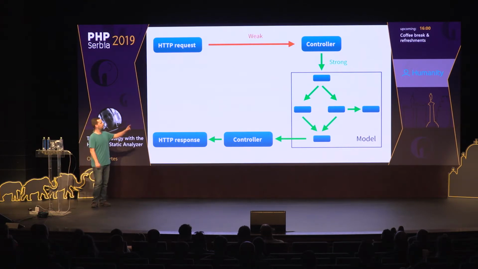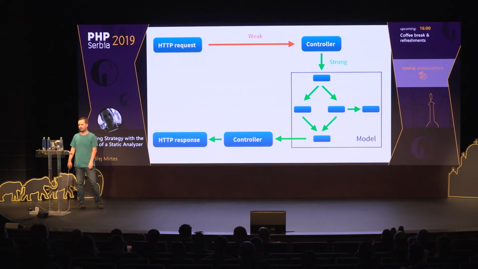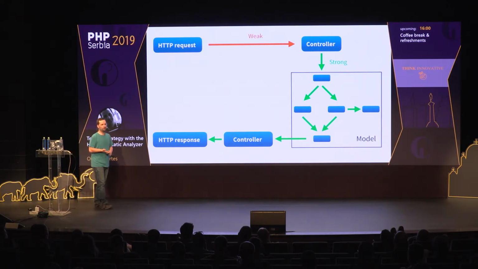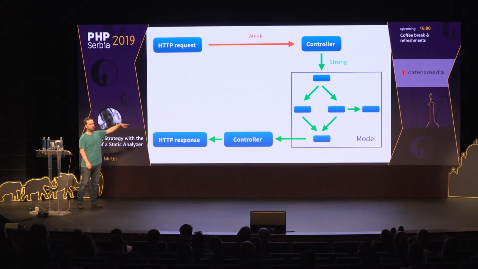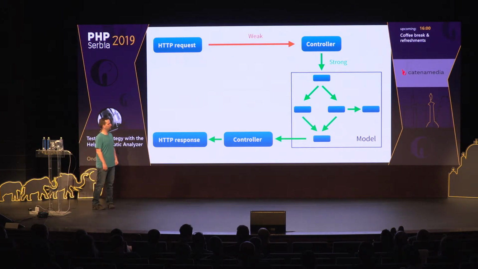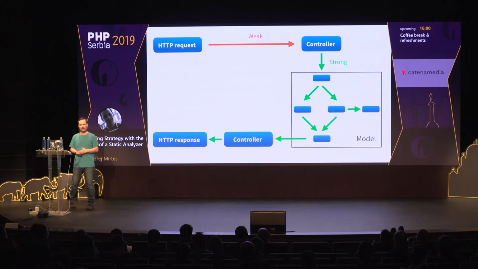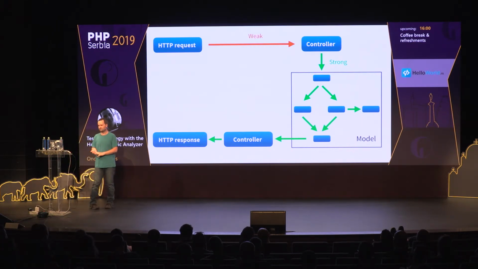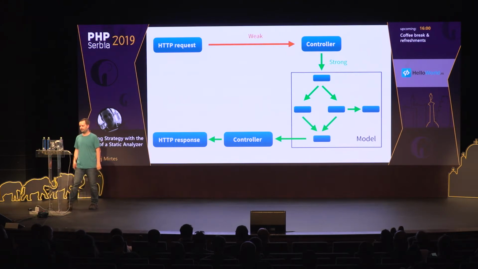And the role of the controller in your MVC framework or in your homegrown solution is actually to validate everything and to make strongly typed values from those incoming data before sending them further down the road to your business logic, to your model, and so on. So if you let strong types spread through your application, they will make it much more reliable, because everything is checked and everything is type solid and everything is verifiable by a static analyzer.